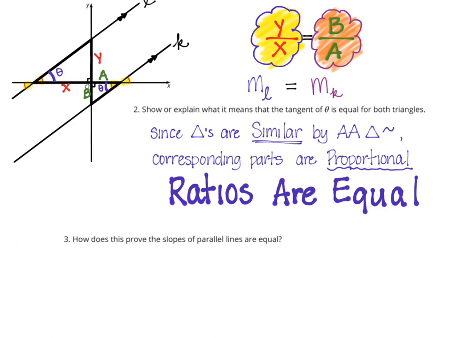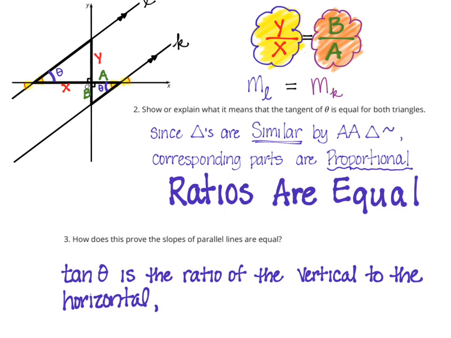And the third question with this one is, how does this prove the slopes of parallel lines are equal? I want you to remember that these two lines were two random parallel lines, okay? And we were able to take these two parallel lines, do all this, and prove right here slopes were of equal measure.